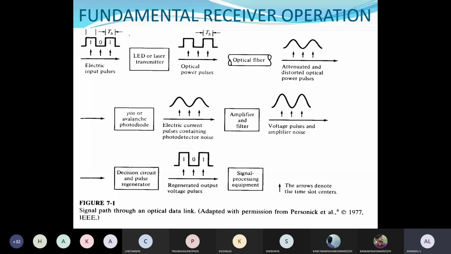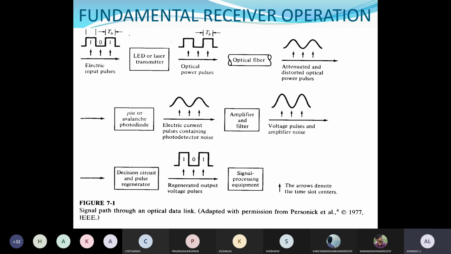Once the optical power pulses have been generated, that pulse can be transmitted using the optical fiber. When the signal is passing through the optical fiber, what exactly happens?